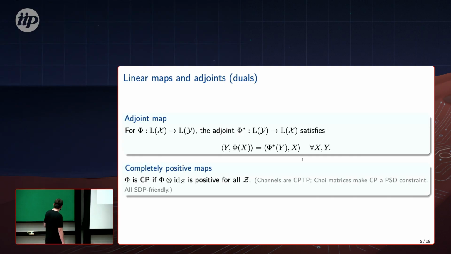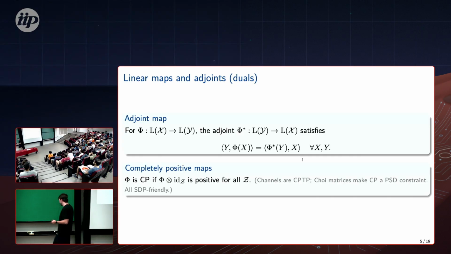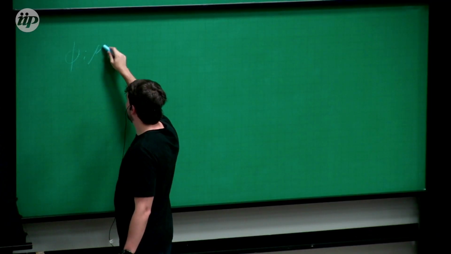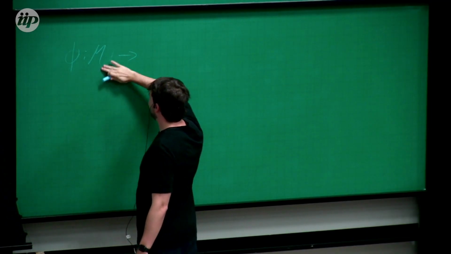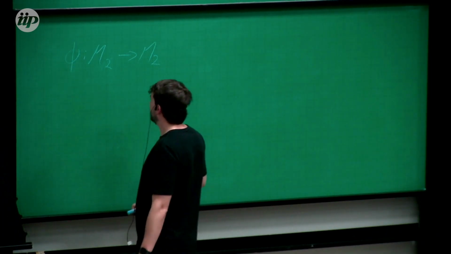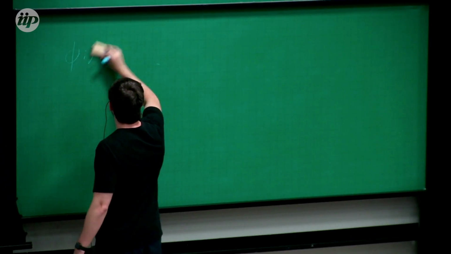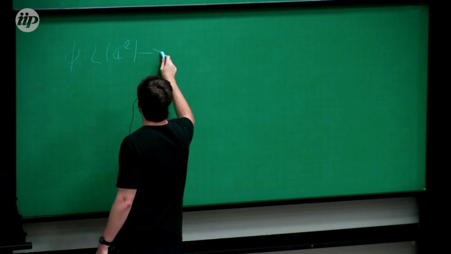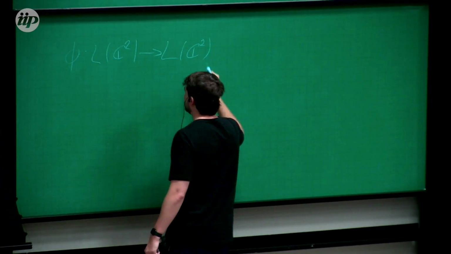Of course. Let me write over here. As an example, let's take phi, and it's going to map D by D matrices. Now let's make it even simpler: qubits to qubits. I should be consistent with the notation on the slide, so it will be L of C2 to L of C2.